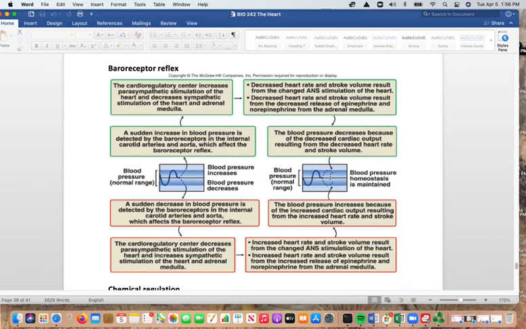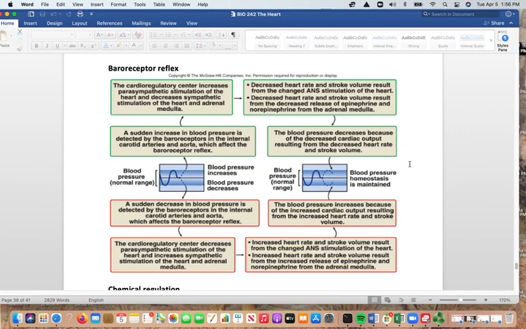So if it goes below or above, it can go in different directions. If blood pressure increases because of the increase in cardiac output, in stroke volume, you can send that message in. If you need to increase it, you can have those baroreceptors detect that there's not enough pressure there and increase it. So it's all ways of having negative feedback loops in there.